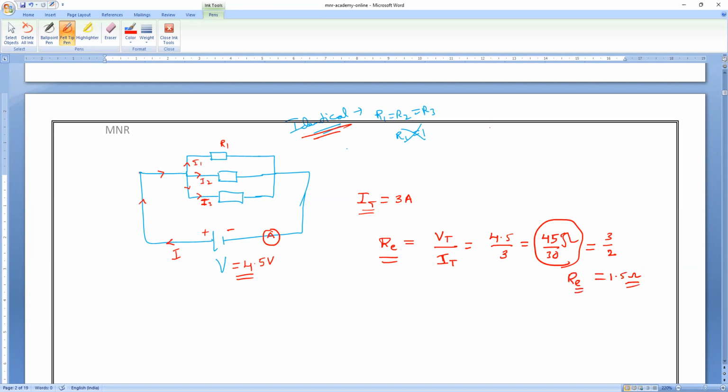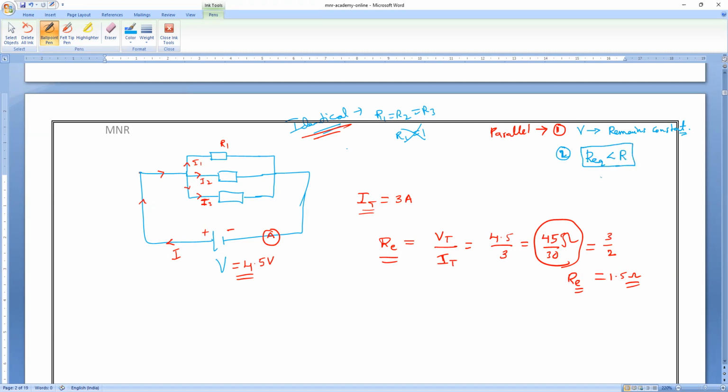So we all know in a parallel connection, 2 points you have to remember. What is the first point? The potential difference across every resistor remains constant. That is the first thing. Second point: the equivalent resistance is always less than the individual resistance.